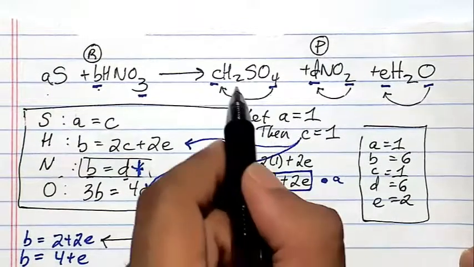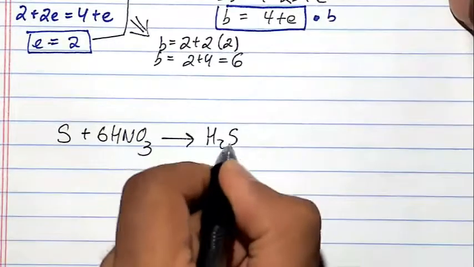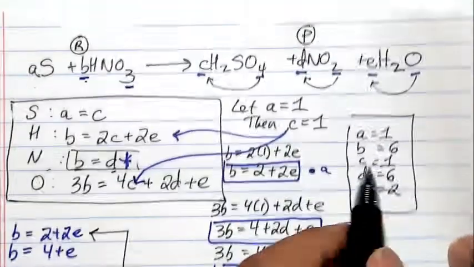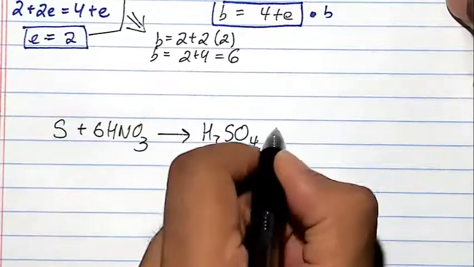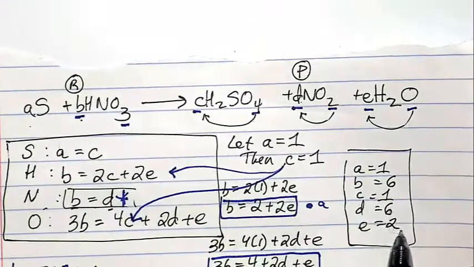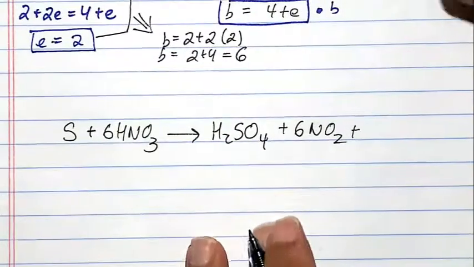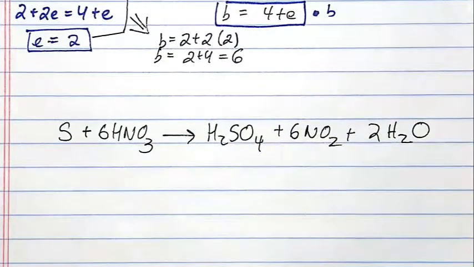C is equal to 1, so that's going to be 1H2SO4. D is equal to 6, so that's going to be 6NO2. E is equal to 2, that's going to be 2H2O. And this should be my balanced chemical equation. Now I'm going to take a deep breath and hope that I am right.